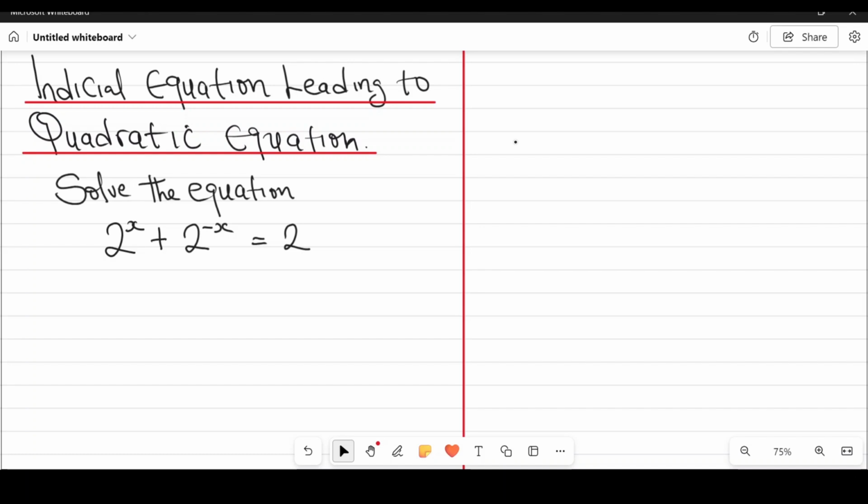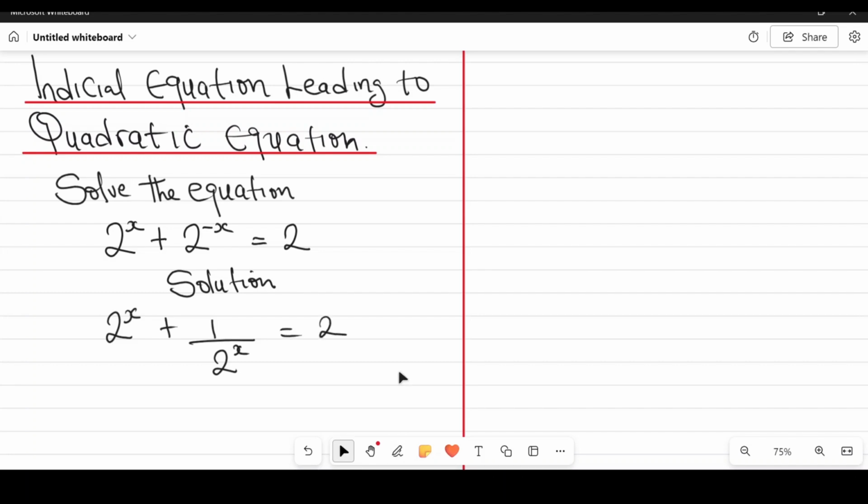The first thing we do is to take down our question. Let's express this equation as 2 to the power x plus 1 divided by 2 to the power x equal to 2. From here, we multiply the equation by the LCM, 2 to the power x.